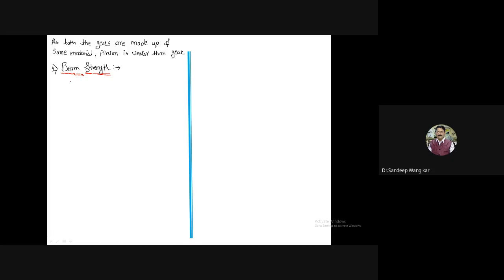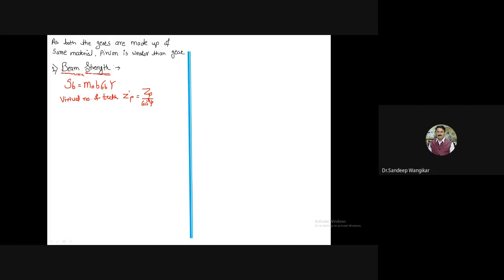I will write down the formula: SB is equal to Mn B sigma B into Y, where Y is the Lewis form factor based on the virtual number of teeth. Therefore, the virtual number of teeth Z dash P is equal to ZP divided by cos cube psi.